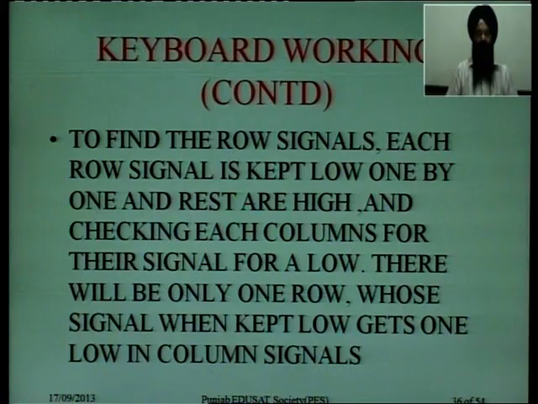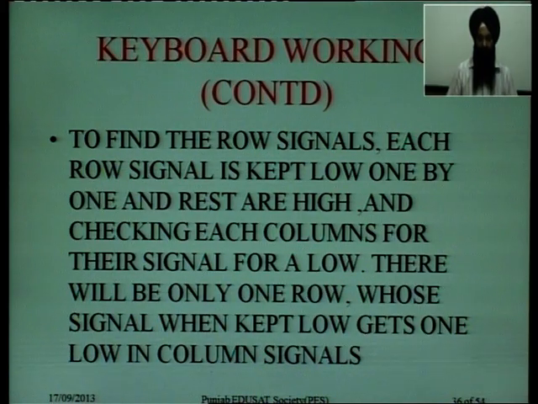To find the row signals, each row signal is kept low one by one and the rest are high. First one row signal is kept low, then the next row signal is kept low, and so on, checking each column for a low signal.